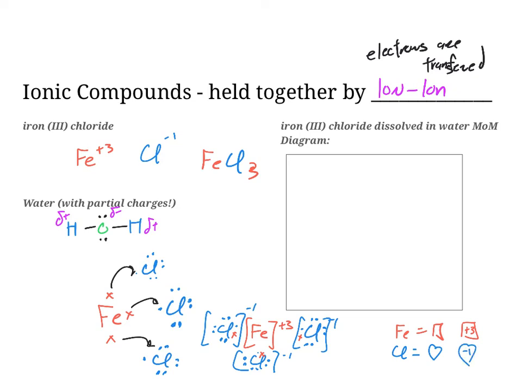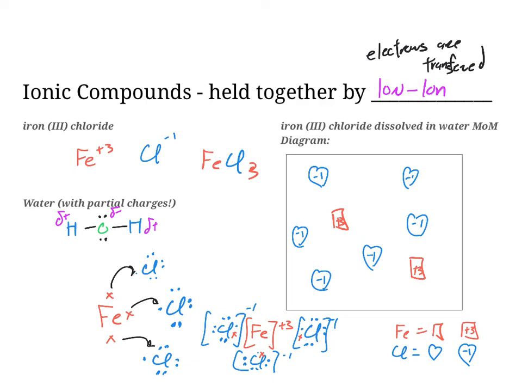So if I dump in, say, 1 or 2 molecules of iron 3 chloride, I would have something that looks like this. And then I would have like 6 hearts. What I want you to really focus on is that they're spread out from each other and they're not touching anymore.